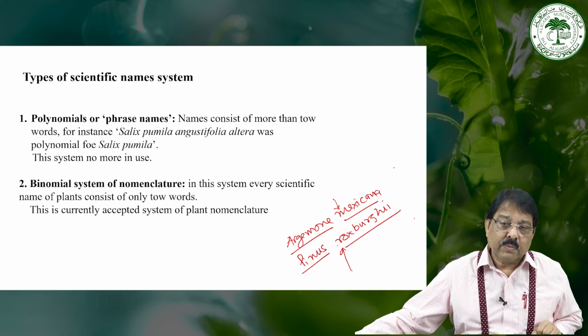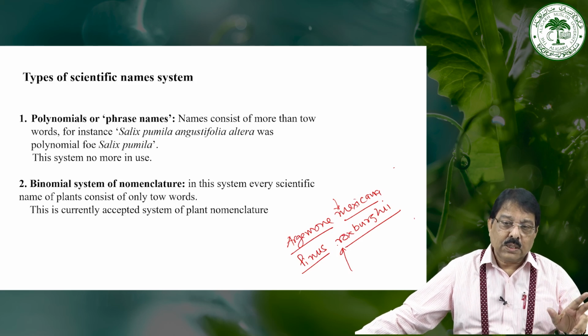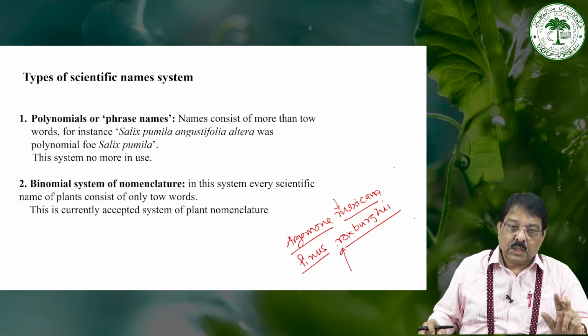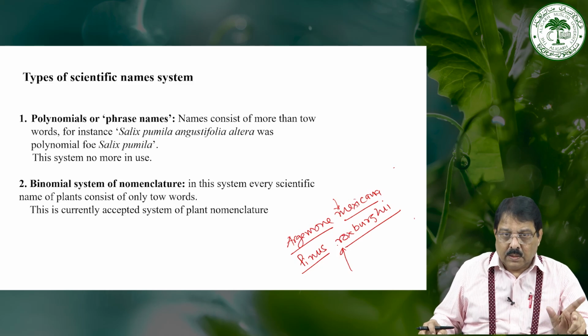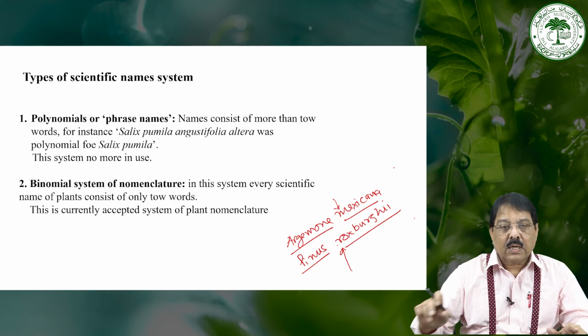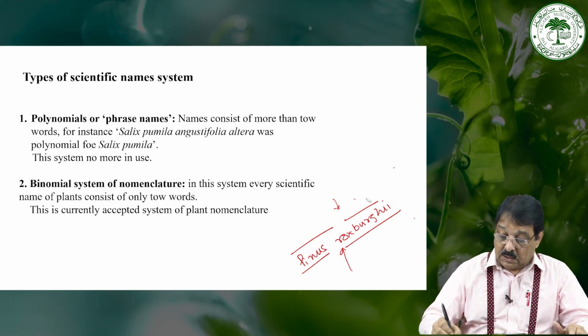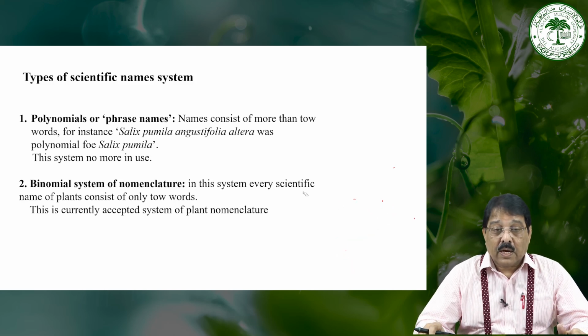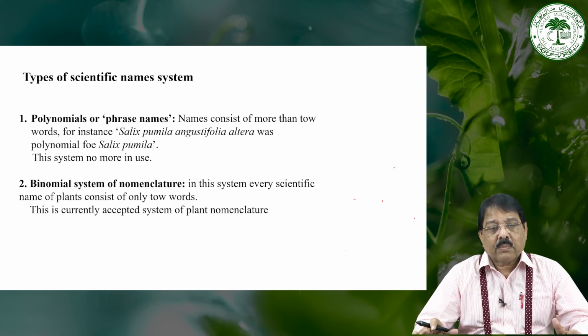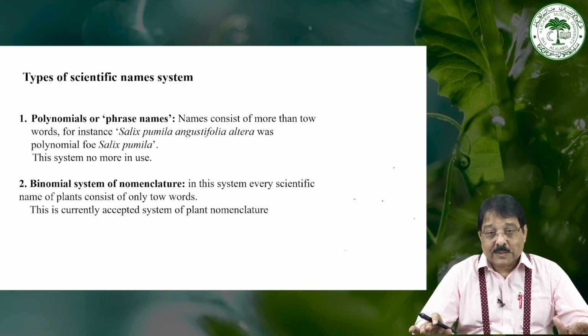And if a name consists of more than two words, then you have to convert them into a single word, and the conversion must be indicated with a hyphen. As in the case of Hibiscus rosa-sinensis, rosa sinensis consists of two words, but with the hyphen it has been united to form a single word, because the rule of nomenclature is that each name must consist of only two words.